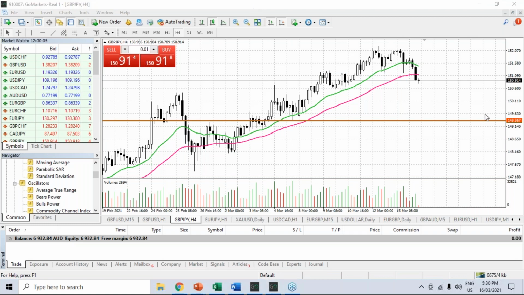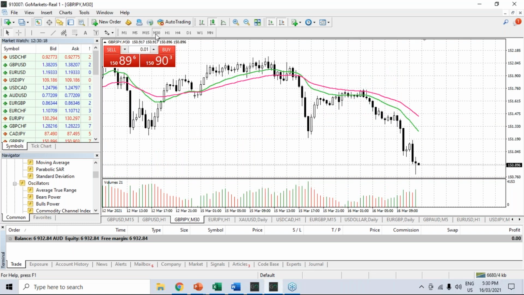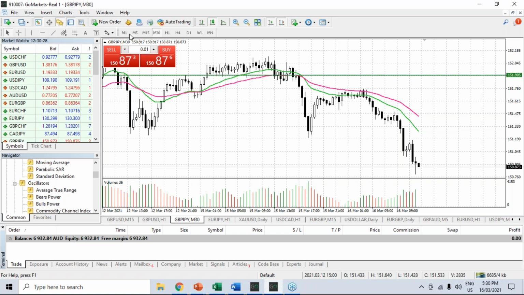Okay. So knowing that, what we're therefore looking for is when, and it doesn't matter on which time frame this is, let's put it on a 30-minute chart again. So what we're looking for is when this trend changes. Okay, so we talked about congestion.